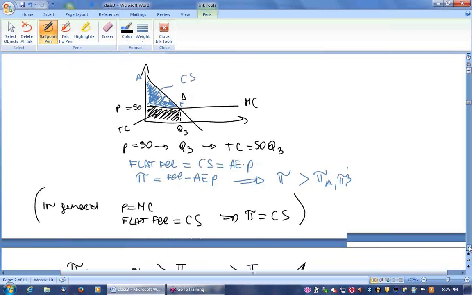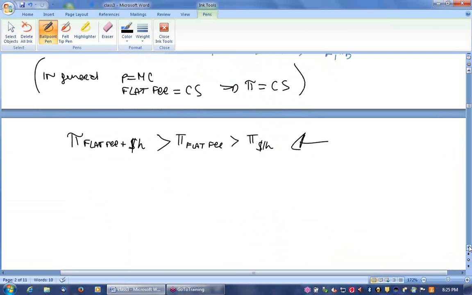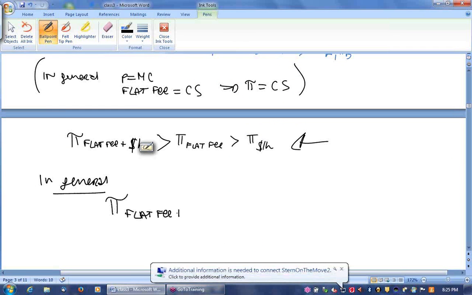So to recap, in general, and this is general, the profit from flat fee plus per hour pricing is always the best.